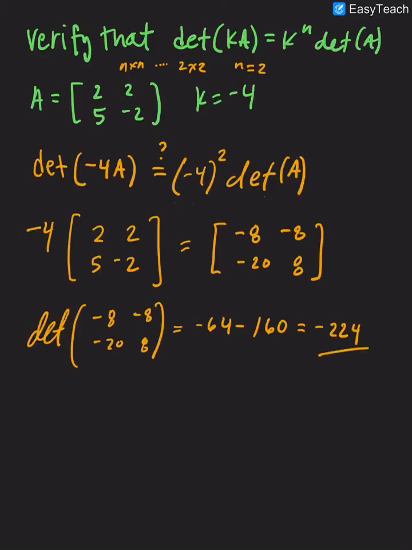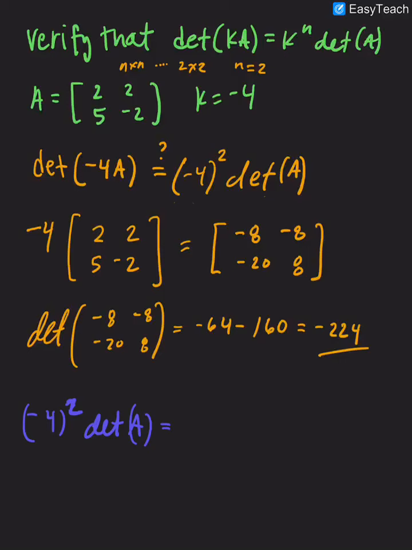Alright, so there's that. Okay, I'm going to switch colors just for your viewing pleasure. I'll mix it up and do purple. Okay, so now for the right side, we have -4 squared. That's a 2. Determinant of A.